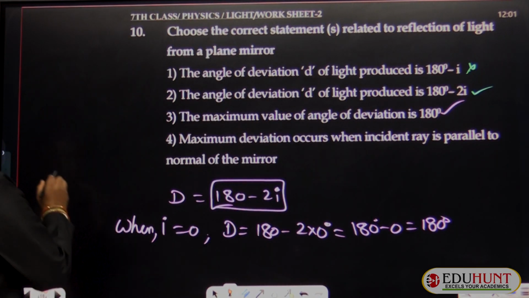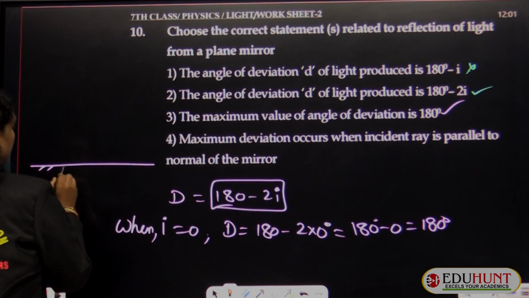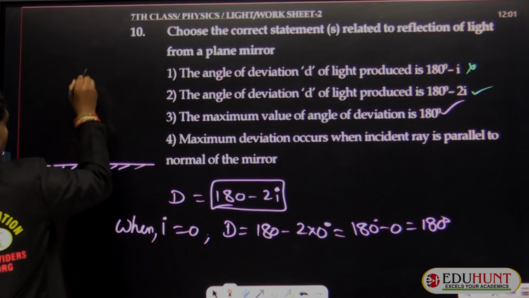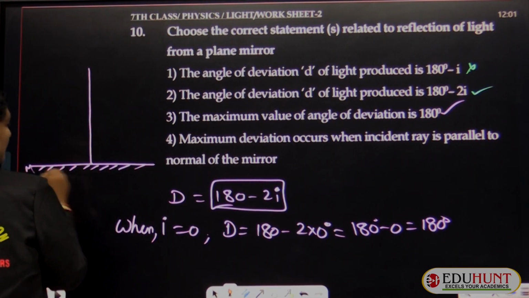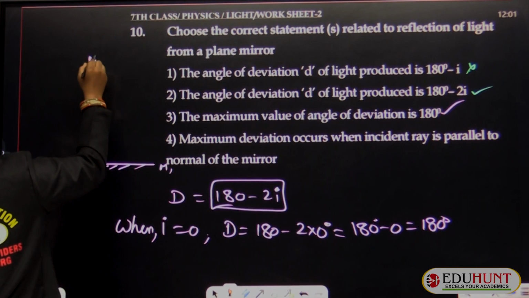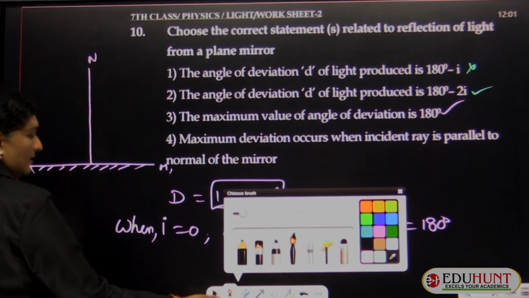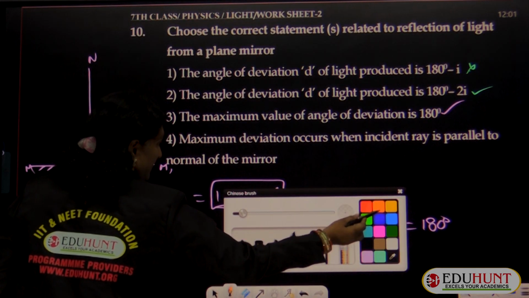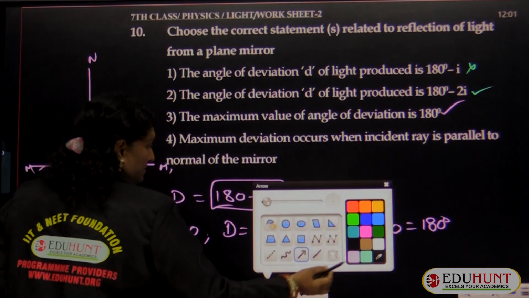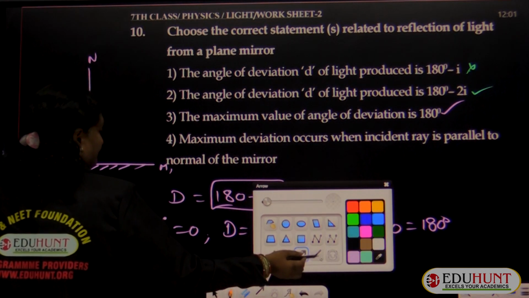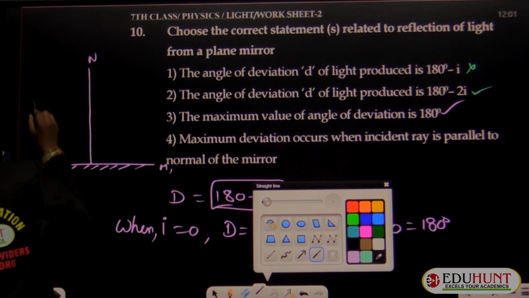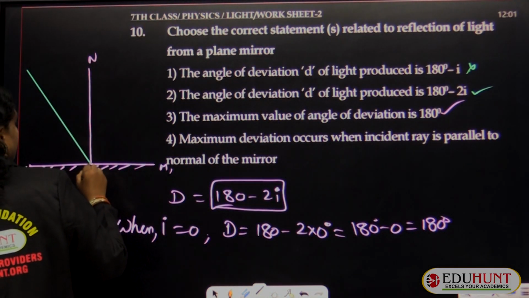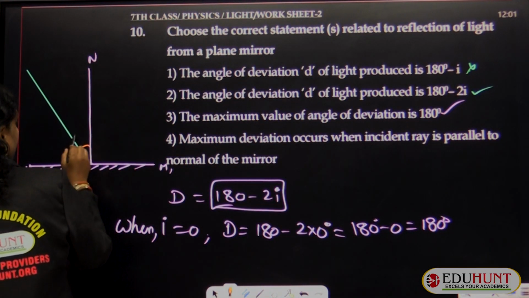Well, if it is not clear, let me explain with the help of a diagram. This is your mirror M1, here is your normal. So, you can send a light in any particular direction, maybe. The light ray can be sent something like this, making an angle of 45 degrees.